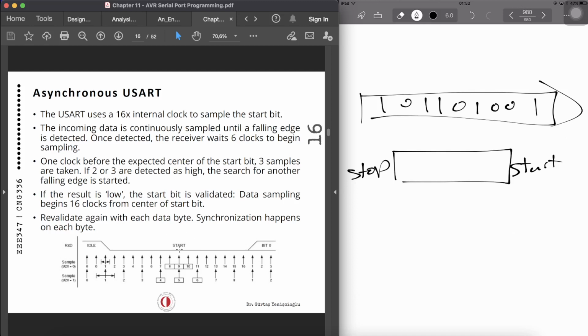So starting from here, it will count 16 clocks and start sampling the data. It has to revalidate with each data byte, and synchronization happens on each byte.